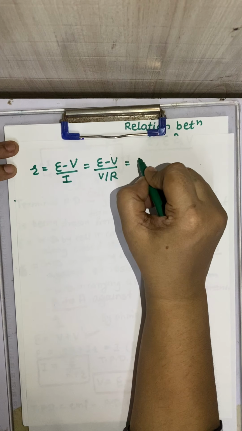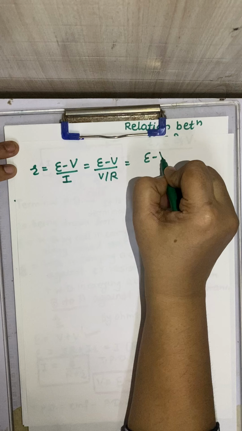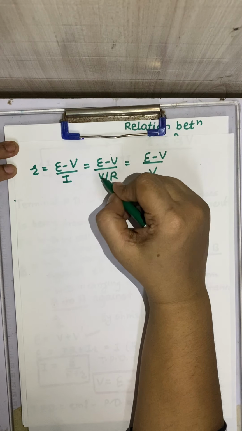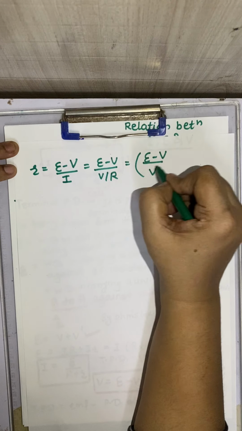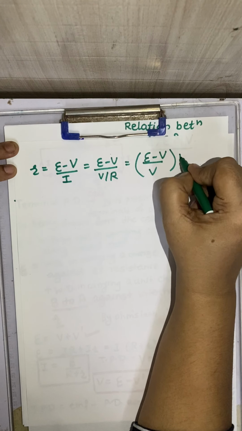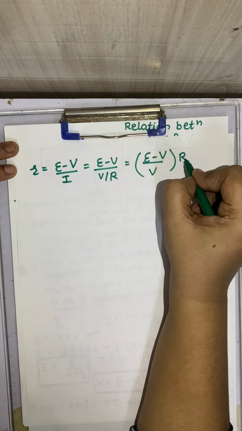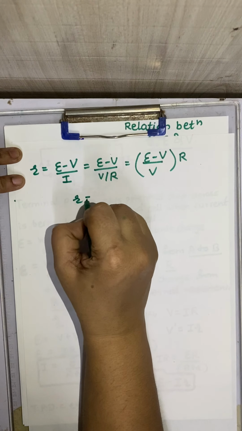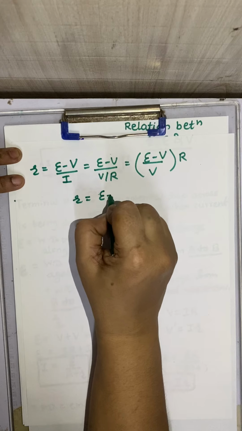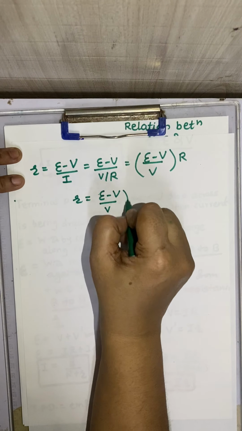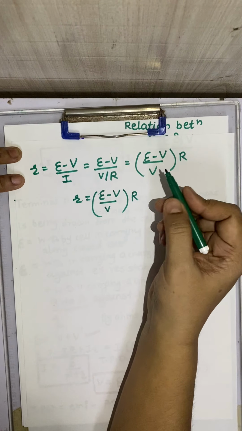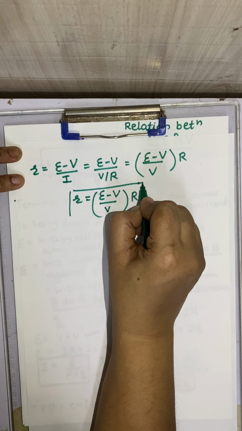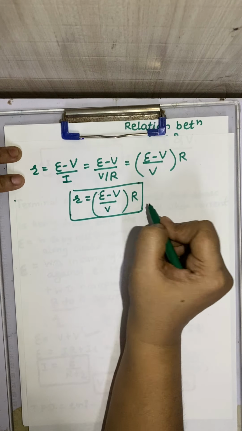So I can write this as E minus V upon V, and this complete term is multiplied by R, because the denominator of a denominator is a numerator. So we have another expression, that is r is equal to (E minus V upon V) into R. This is the formula to calculate the internal resistance of the cell.